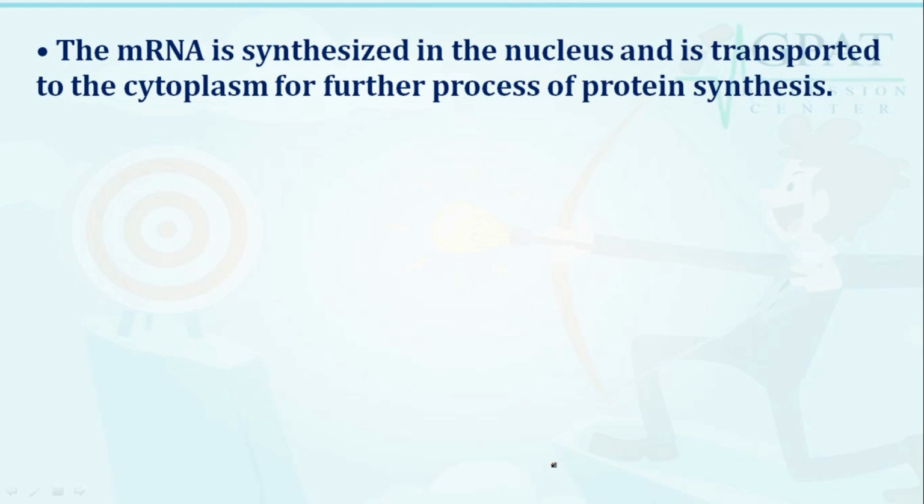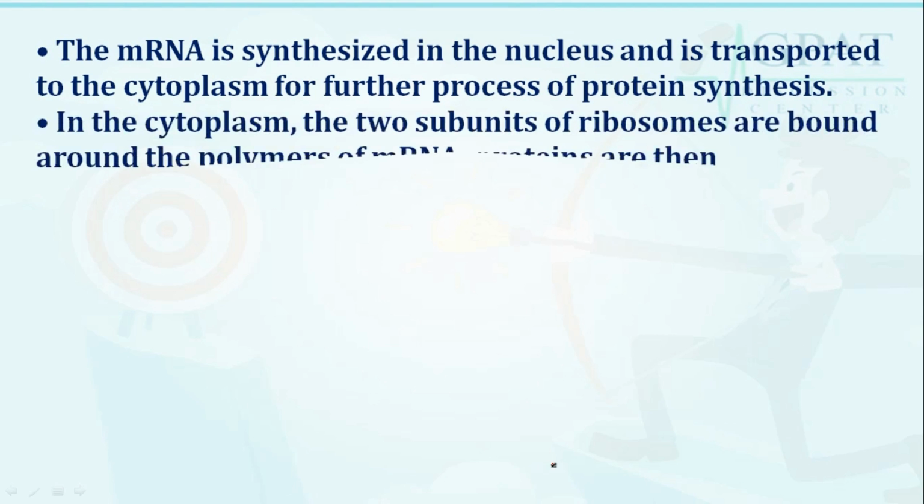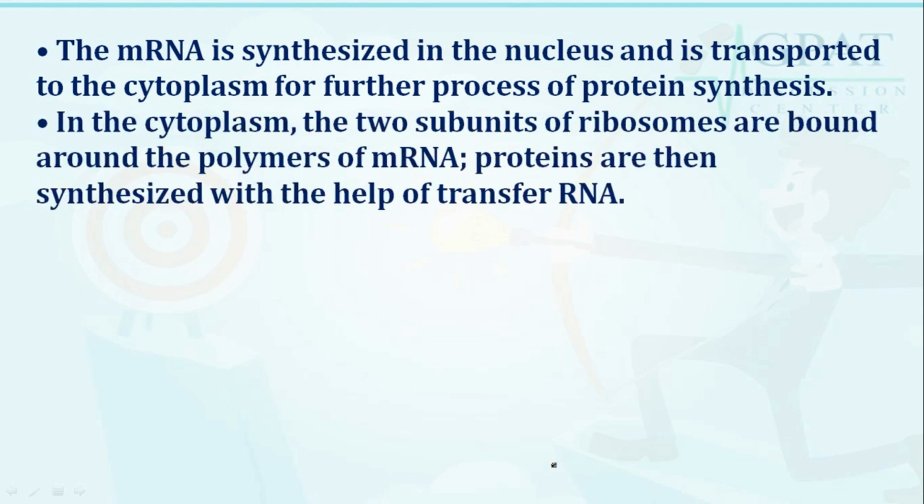The mRNA is synthesized in the nucleus and is transported to the cytoplasm for further process of protein synthesis. In the cytoplasm, the two subunits of ribosomes are bound around the mRNA, and proteins are then synthesized with the help of tRNA, that is transfer RNA.